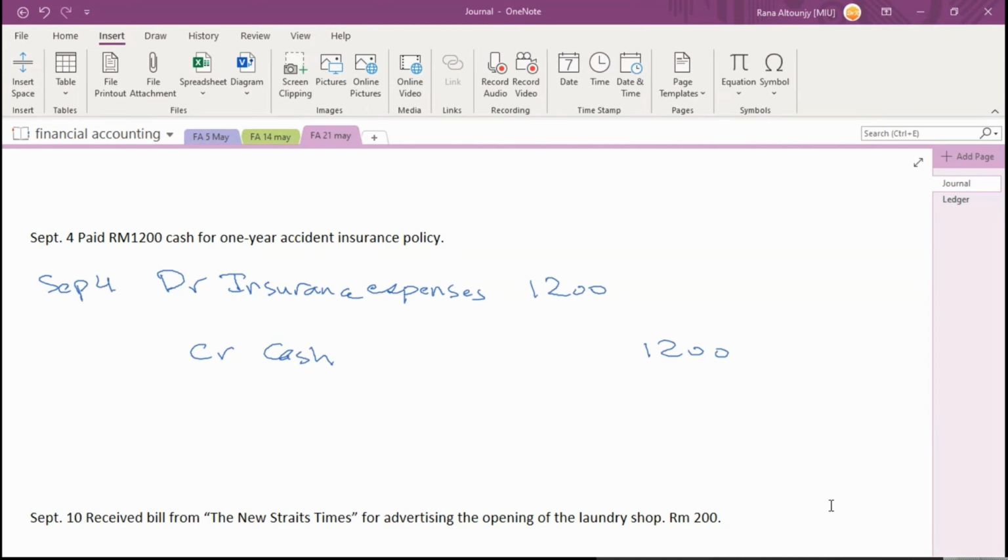Okay, I just want to remind you of one point. When we are writing our transaction, it is better and more preferred that you start with the debit side, then the credit side. At least the person reading will find it easy to see the flow.